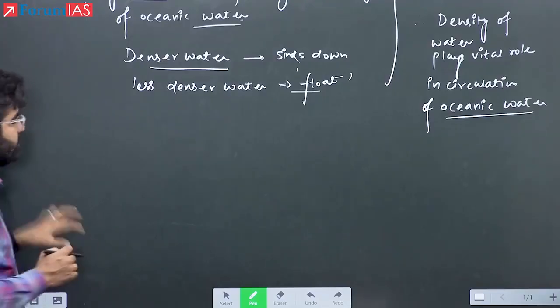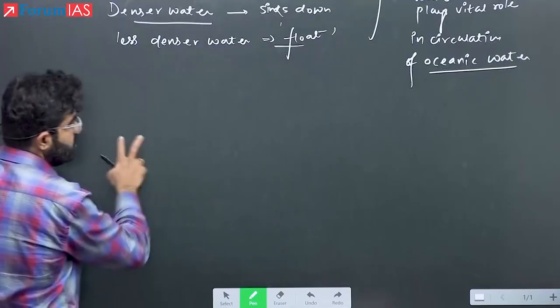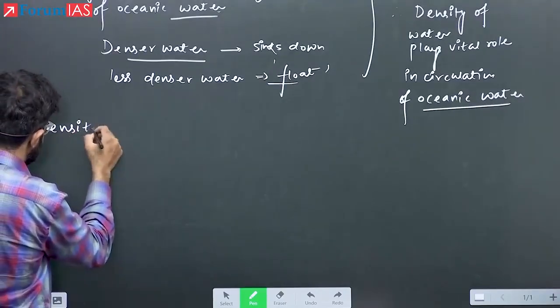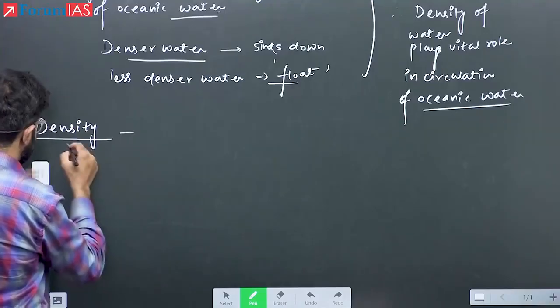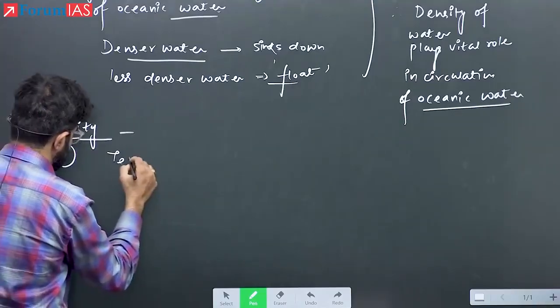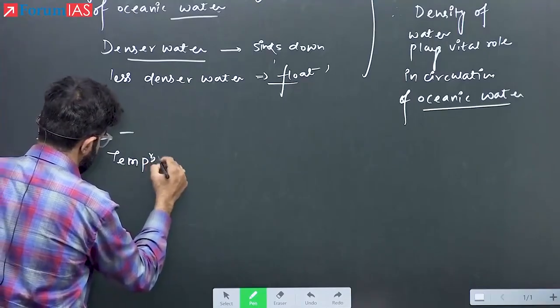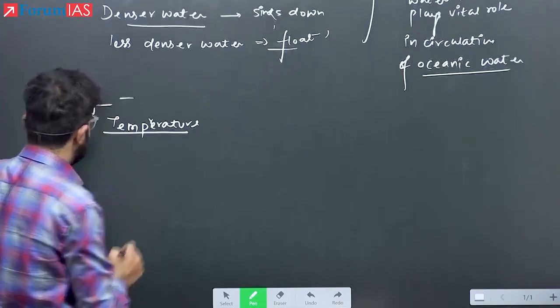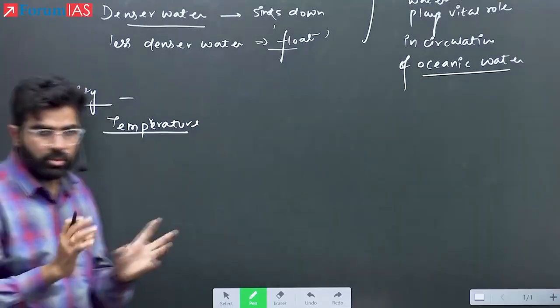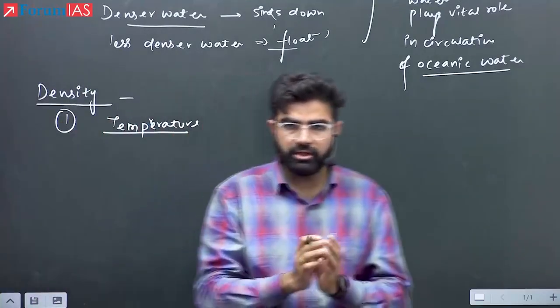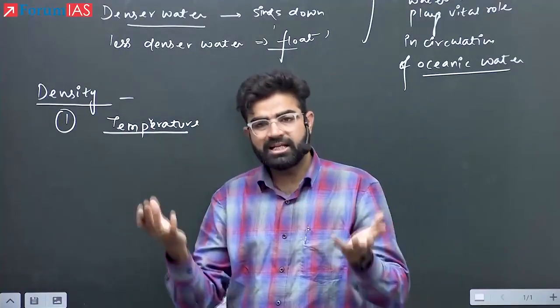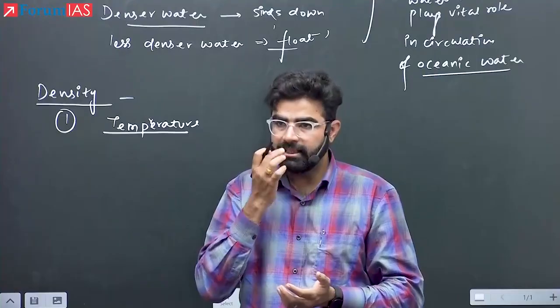Now, less dense water will float, and the density will be affected by some factors. Number one, it will be greatly affected by the temperature of the water. Now tell me, what could be the relation between temperature and density? If the temperature of the water is increasing, what will happen to the water? It will expand. If the water is expanding, what will happen to the density then?